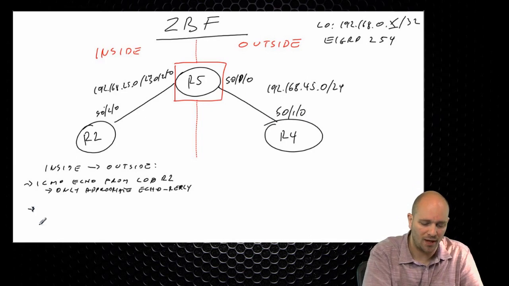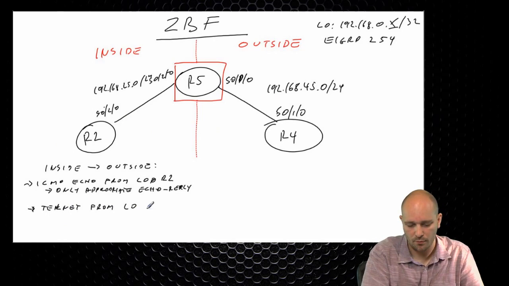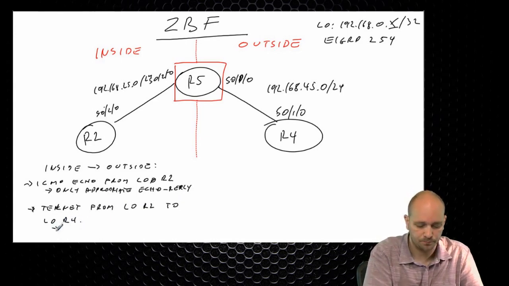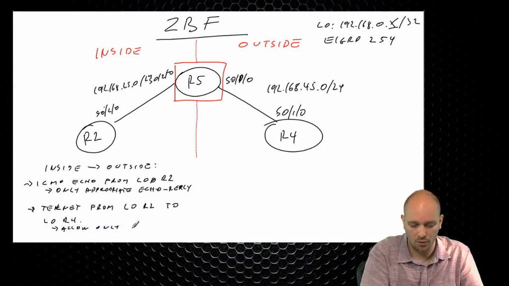I also want to allow telnet from loopback 0 of R2 to loopback 0 of R4, and no other telnet. Also, allow only appropriate return traffic.